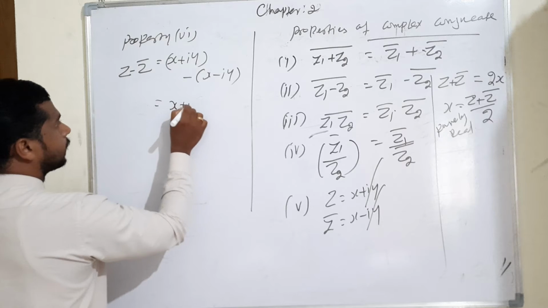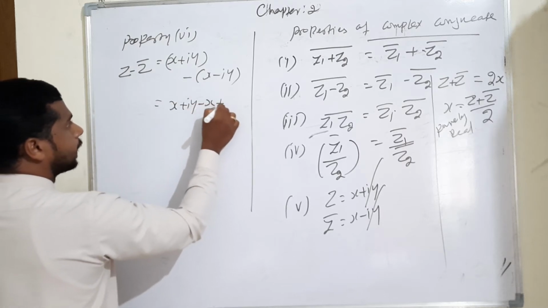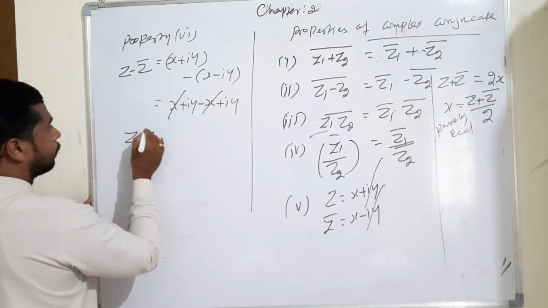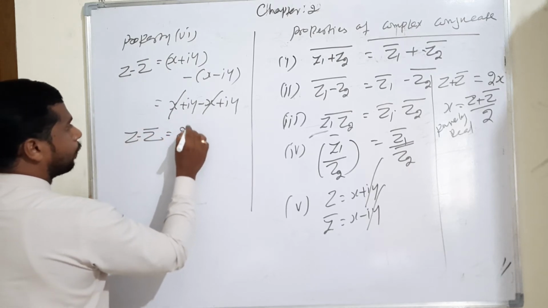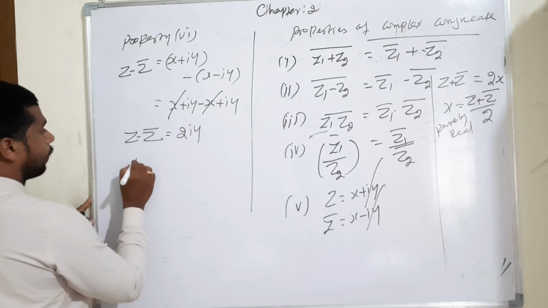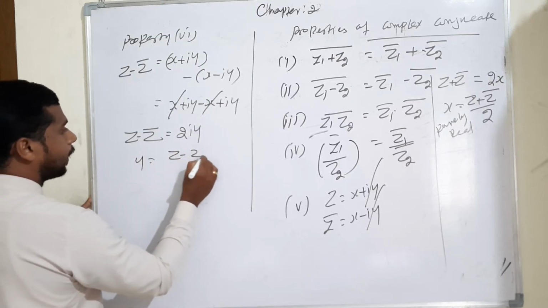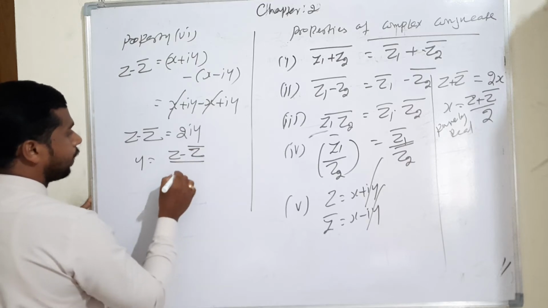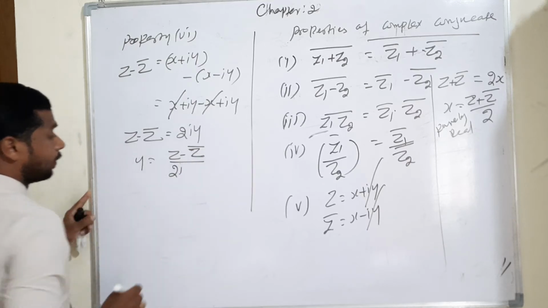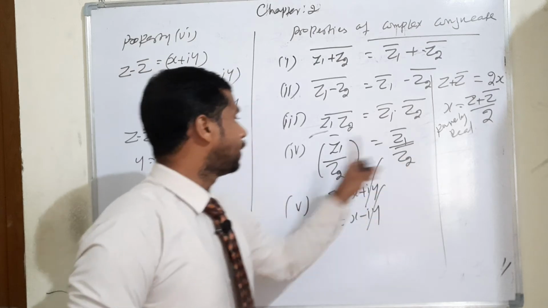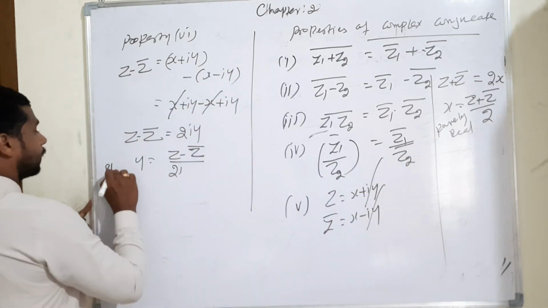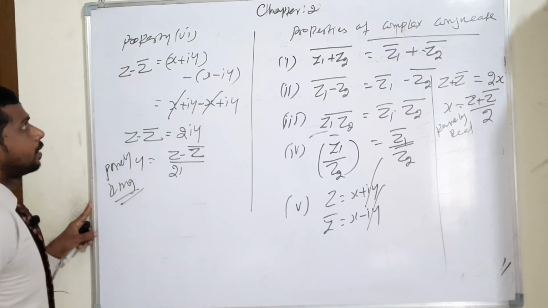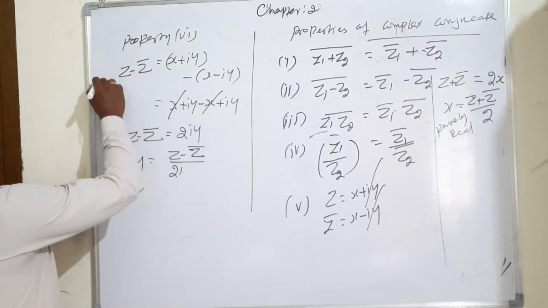Removing the bracket, we get minus X plus iy, so X minus X cancels. Therefore Z minus Z bar is equal to 2iy, so y is equal to Z minus Z bar by 2i. This is called purely imaginary. This is property number 6.